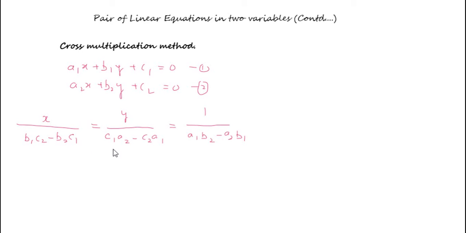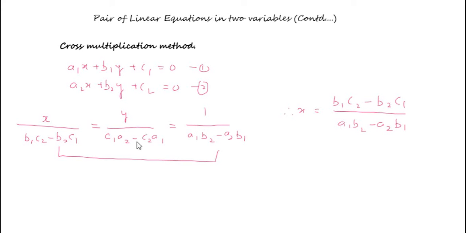Now, from this relationship, we can find the value of x and y in terms of the coefficients. If you combine the first and the last, x divided by b1c2 minus b2c1 equal to 1 divided by a1b2 minus a2b1. Therefore, taking the denominator to the numerator, x equals b1c2 minus b2c1 divided by a1b2 minus a2b1.